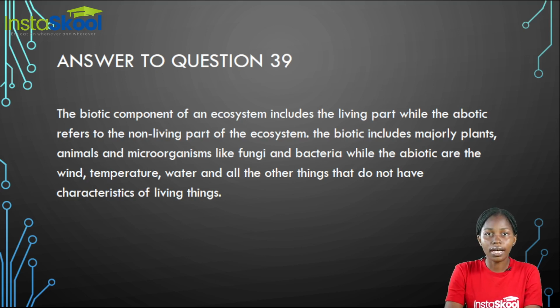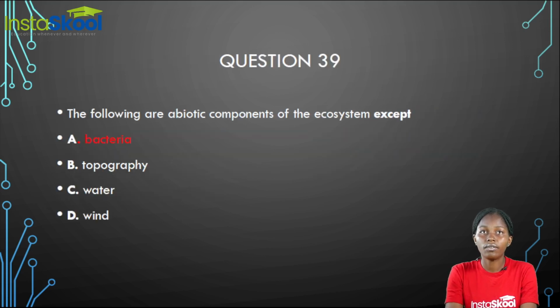On the other hand, the abiotic components are the non-living components such as the wind, the temperature, and water. We also have other examples. Non-living components of the environment that do not have the characteristics of living things.